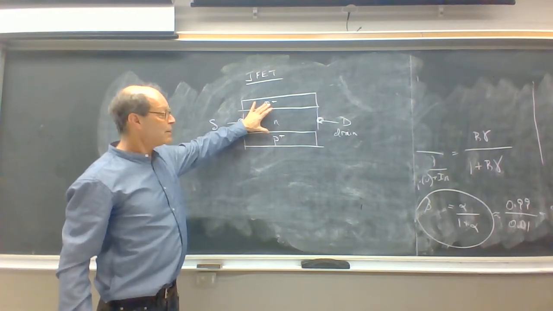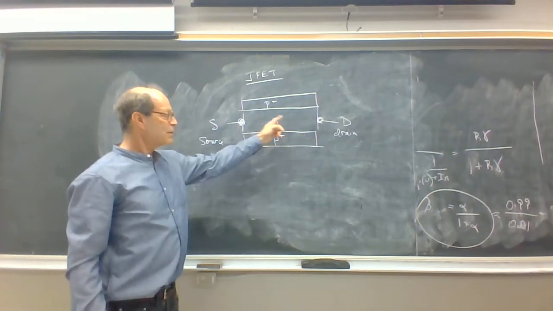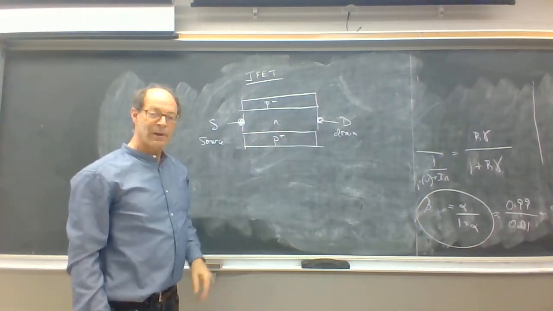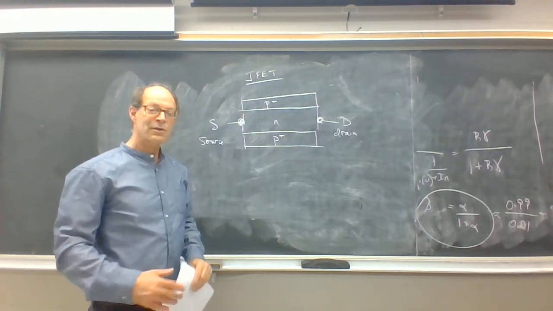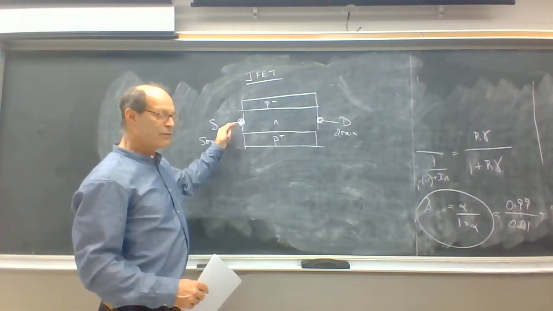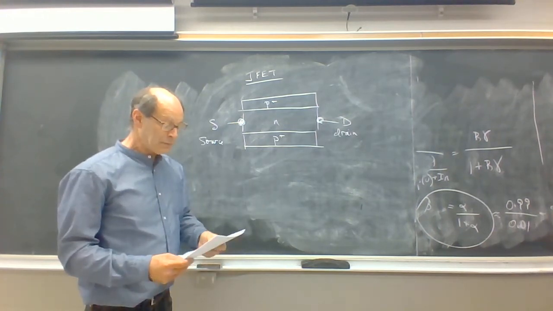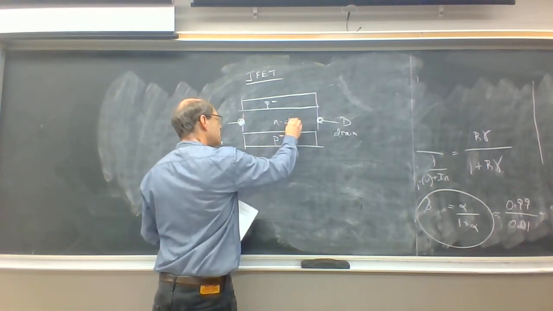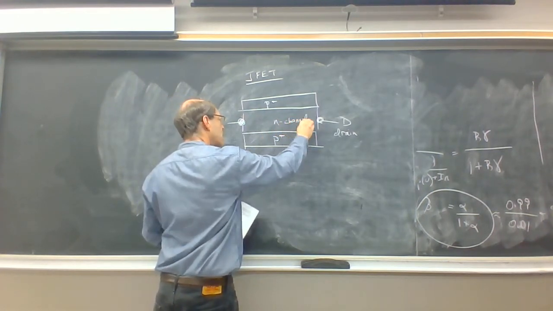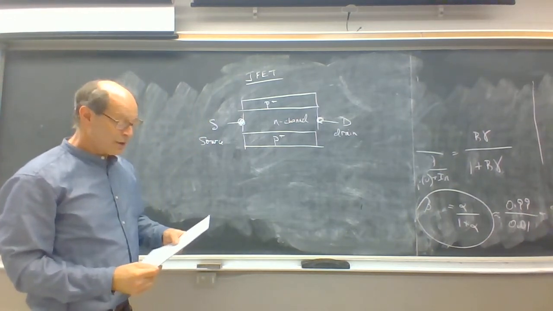So the thicker the N-type layer, the more current can flow, the lower the resistance through the N-type layer. And the thinner we make this N-type layer, the higher the resistance and the less current would flow from the source to the drain. So we call this the channel. So it's the channel through which current flows between source and drain.